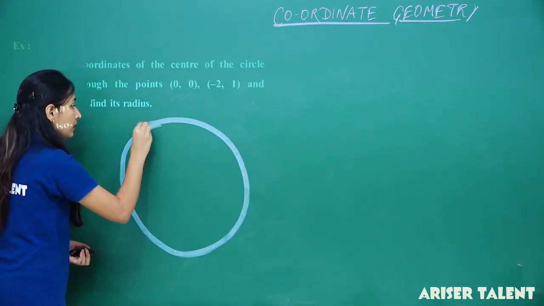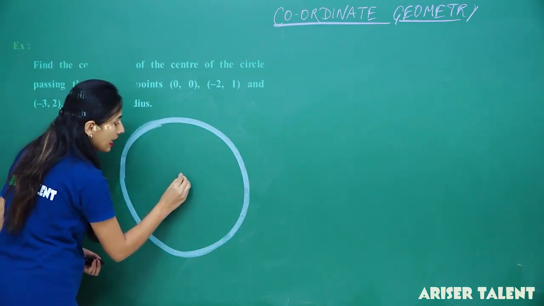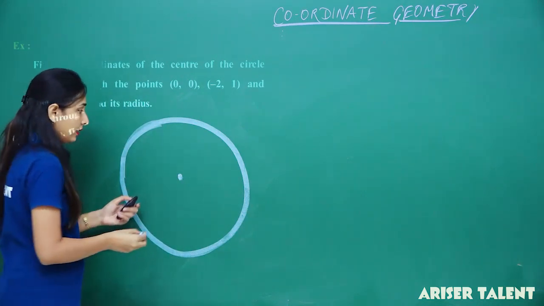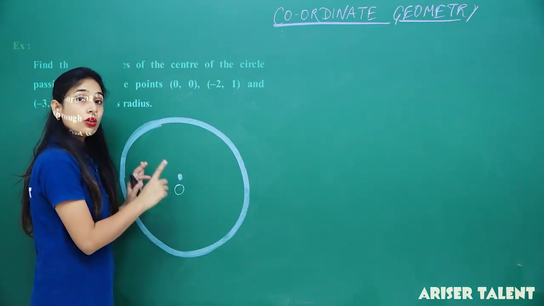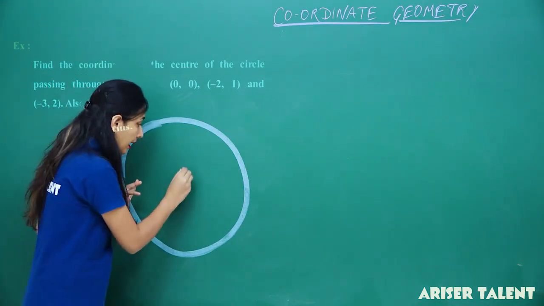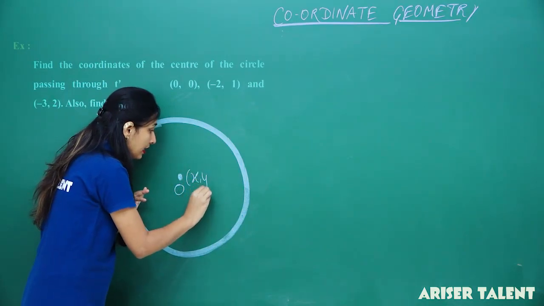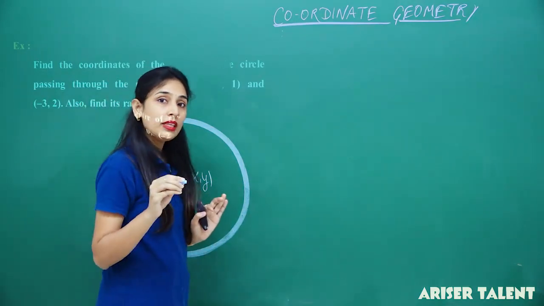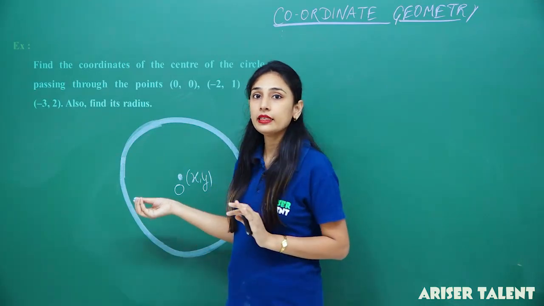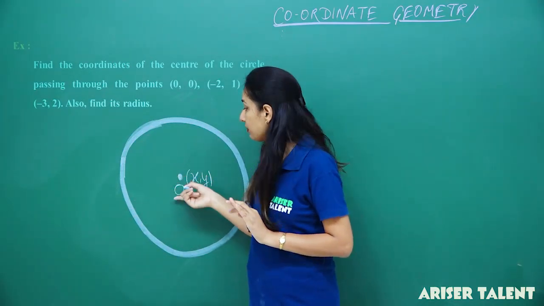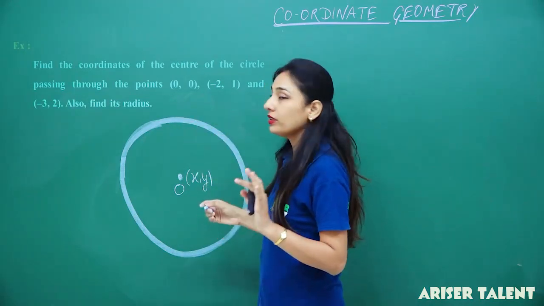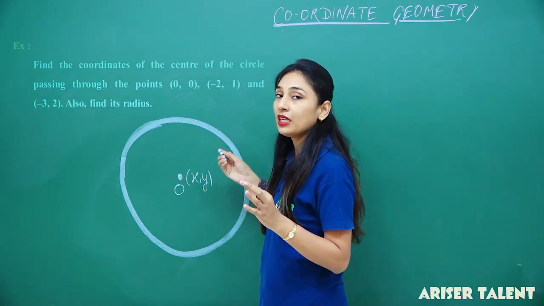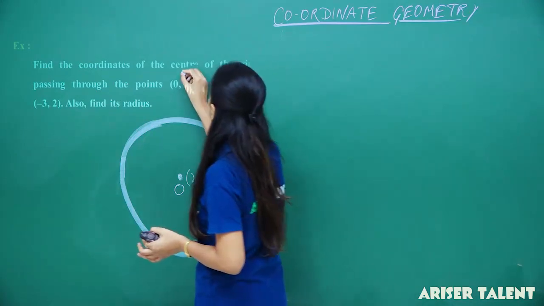Now it's saying that it has a center. It will obviously have a center. The coordinates, the abscissa and the ordinate, are not known. Whatever is not known, we write as x and y, so I'm writing x and y here. Now it has some points, but he's not naming them, so we'll do that for him.